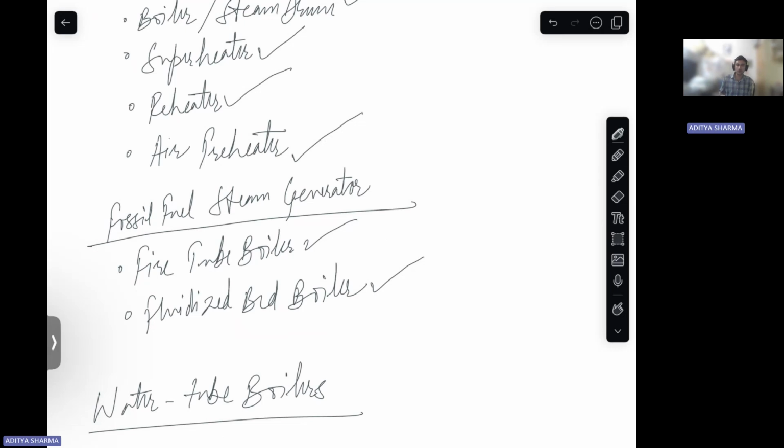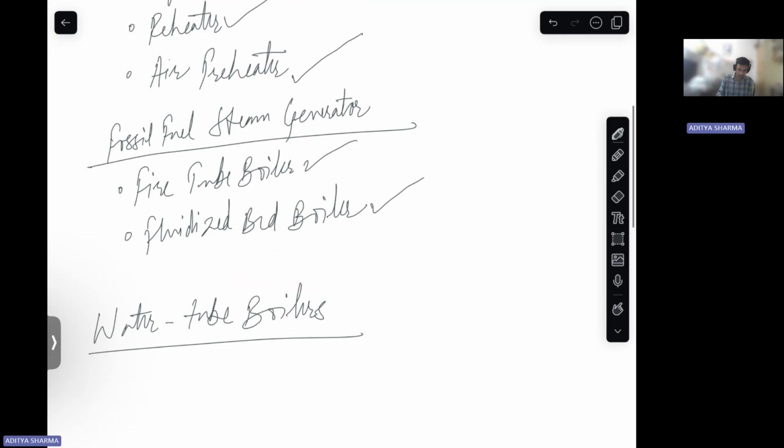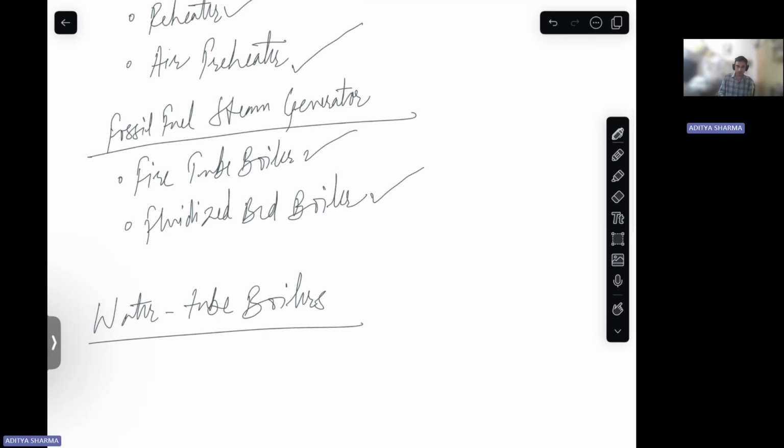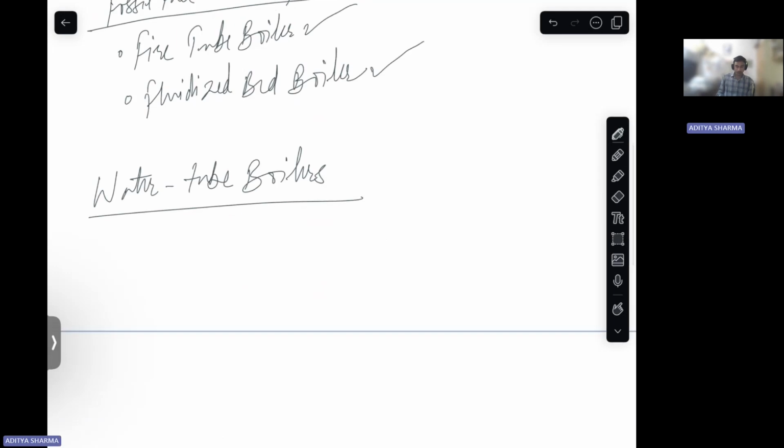So subcritical is also another name of your water tube drum type boiler, right? And your supercritical is your once through type of boiler, right? So these are two categories. Okay. So here we are discussing water tube boiler.